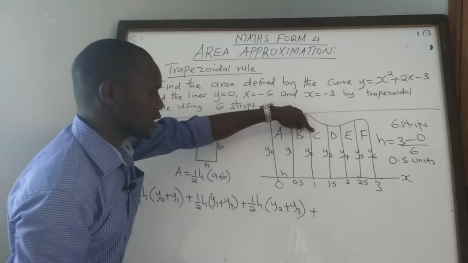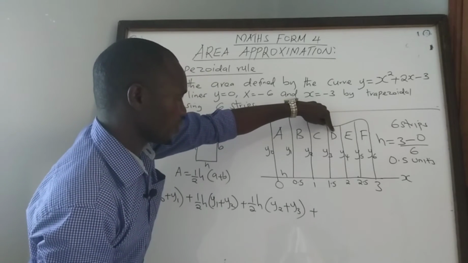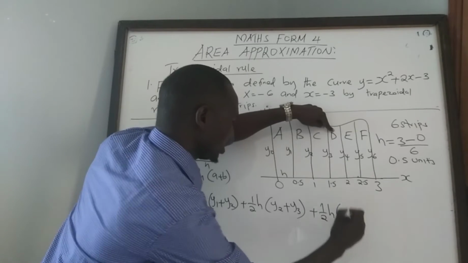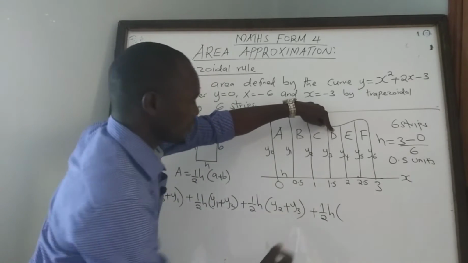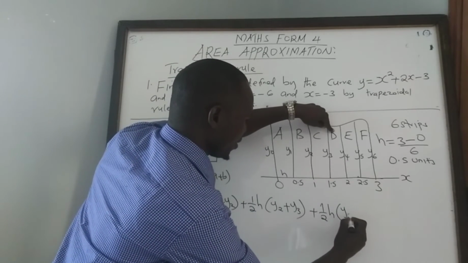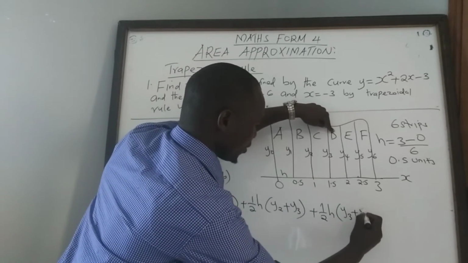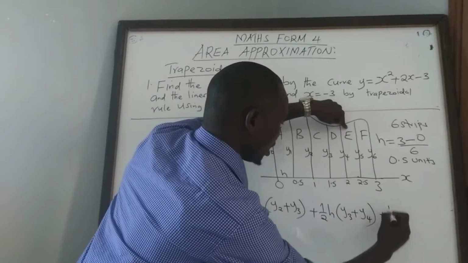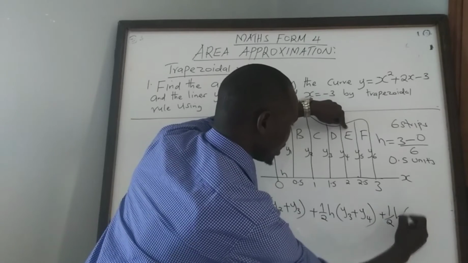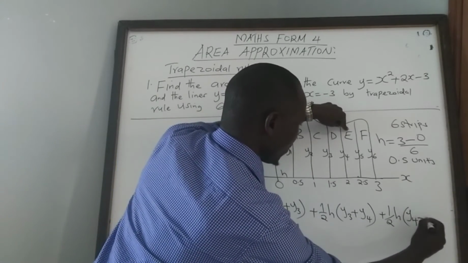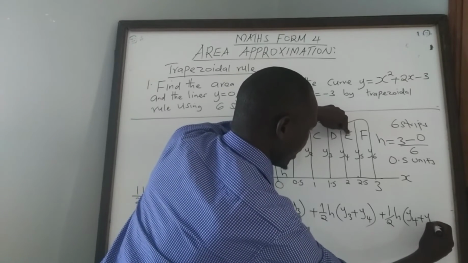then plus, if you need the area of trapezium D, it is going to be half times the height into the sum of the two parallel lines, which is y3 plus y4. Then if you need E, we are going to have half times our height into the sum of the two parallel lines, which is y4 plus y5.